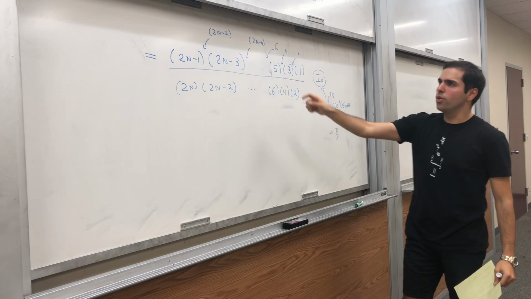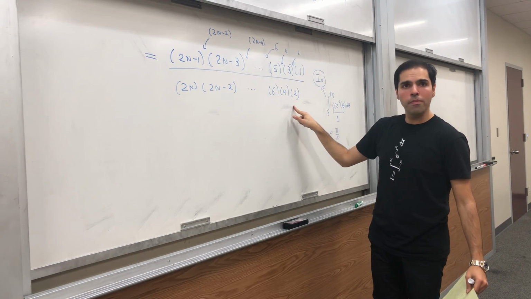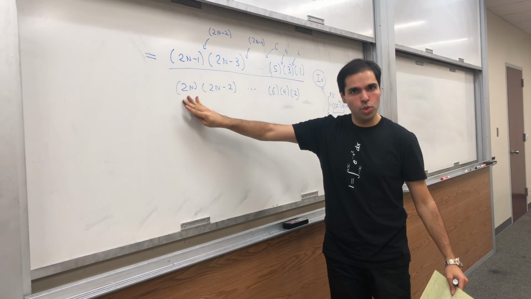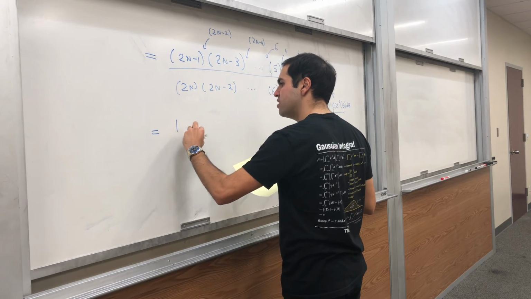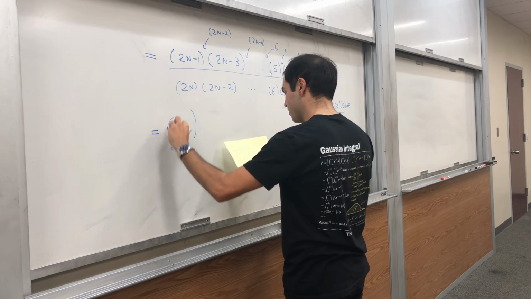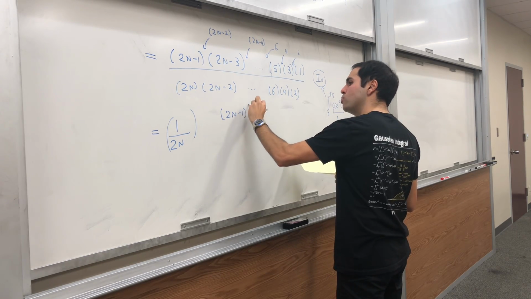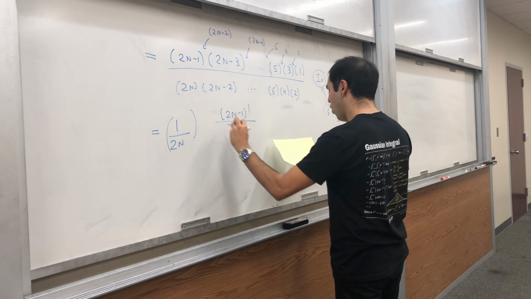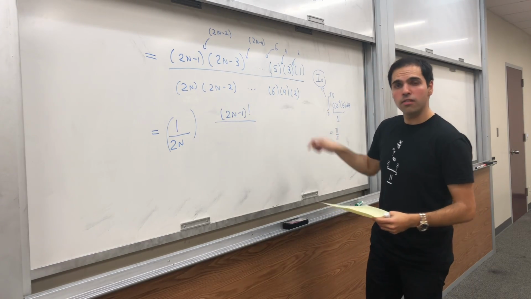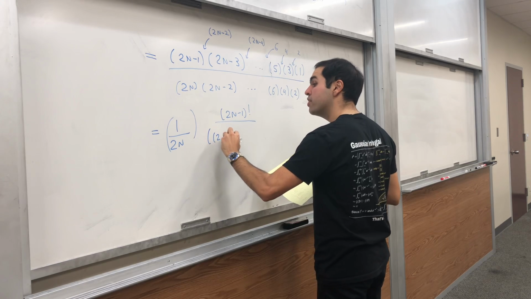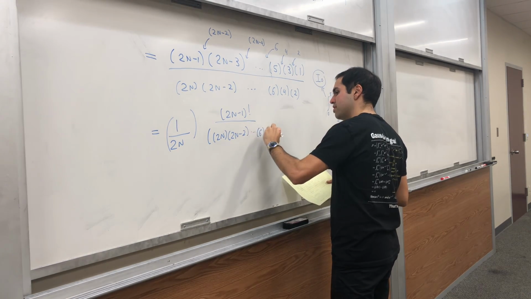And notice what's cool is that all the missing pieces reappear on the denominator, except for this 2n. So, in the end, what this becomes is 1 over 2n, that missing piece, and then 2n minus 1 factorial over, on the one hand, the product of all those things, because they're still here, they didn't leave, 6, 4, 2.